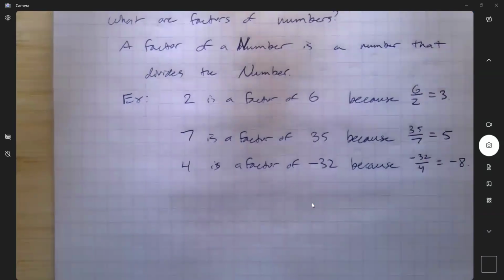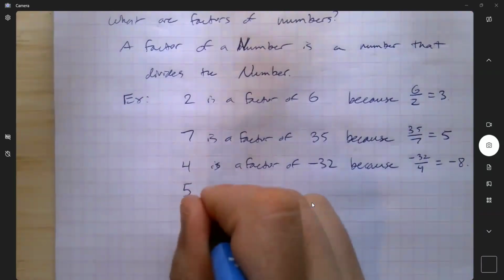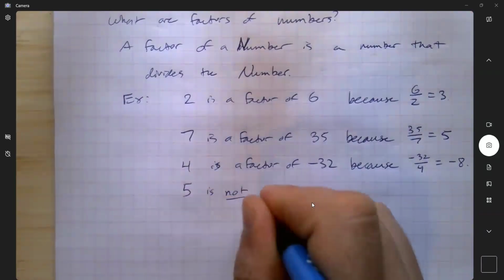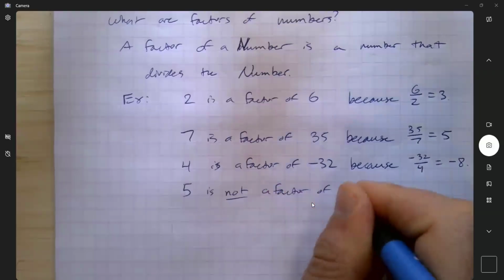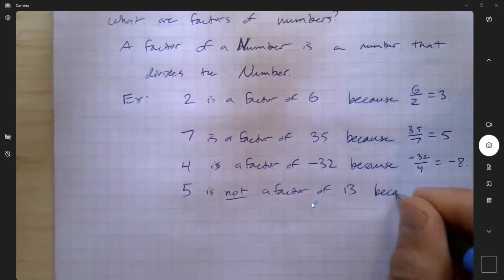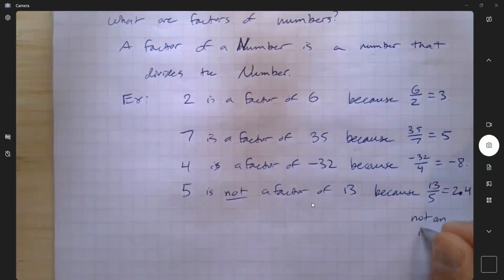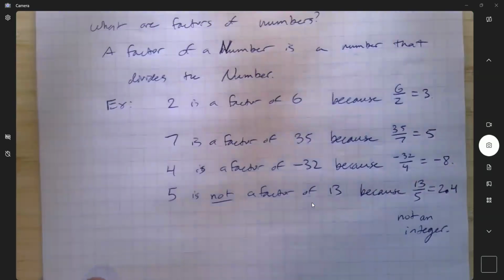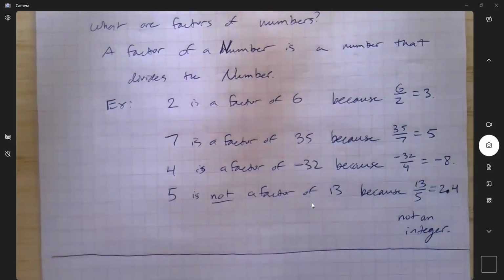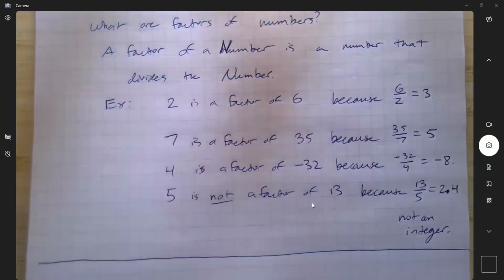These are all factors. 5 is not a factor of 13 because 13 over 5 is 2.4, which is not an integer. That's what factors are. They're just numbers that divide bigger numbers.